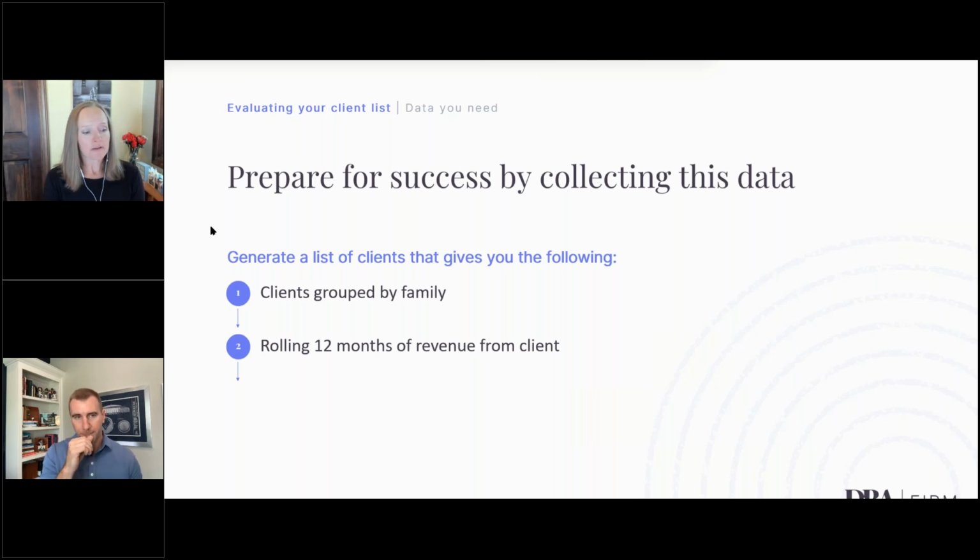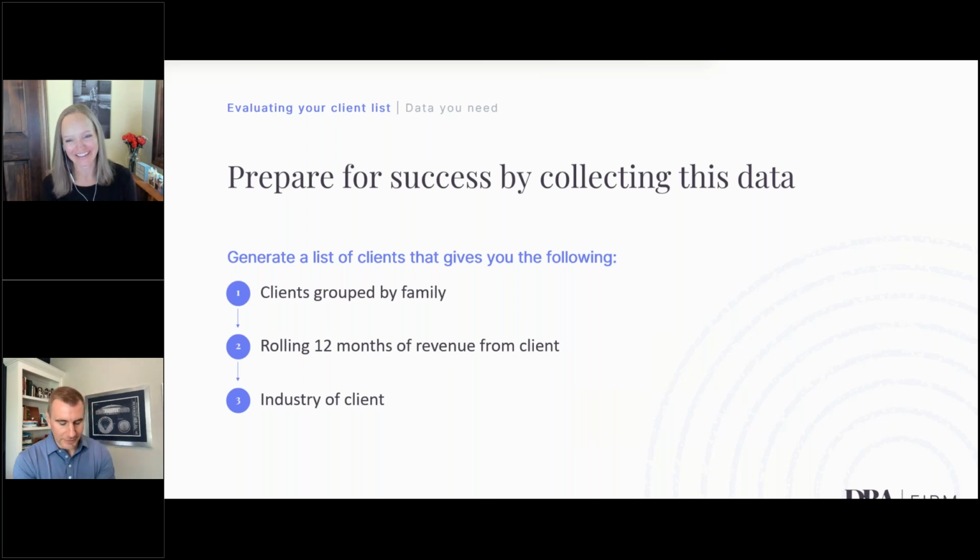Right, okay, so we have groups by family, looking at revenue. We also want industry in there, and industry is helpful for us to just kind of gauge how all over the place we are, or not all over the place we are, right? Yeah, it's funny. I review a lot of other firms' websites. I kind of find that interesting in my sick little world that I live in.